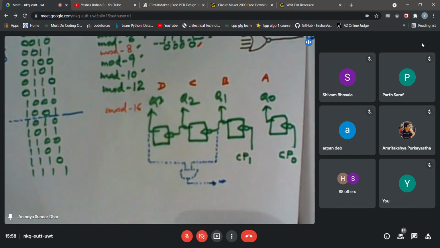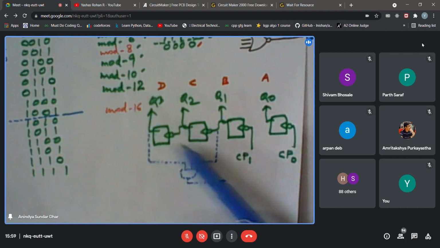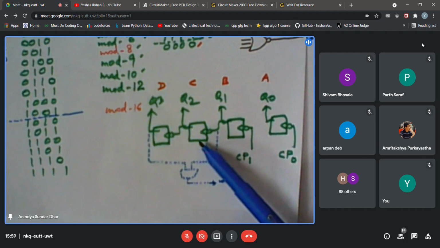Right. So probably the hint is loud enough, but still I would ask you to check that this internal signal may not require to reset Q0. It is only acting on either two of them or maybe three of them.